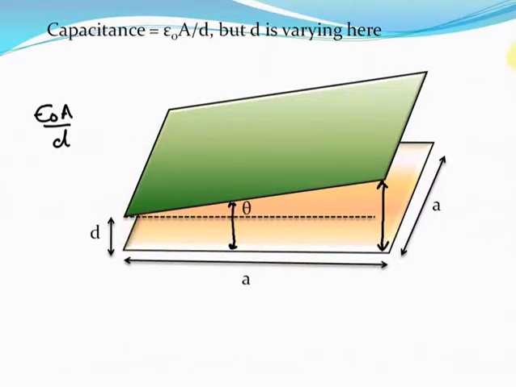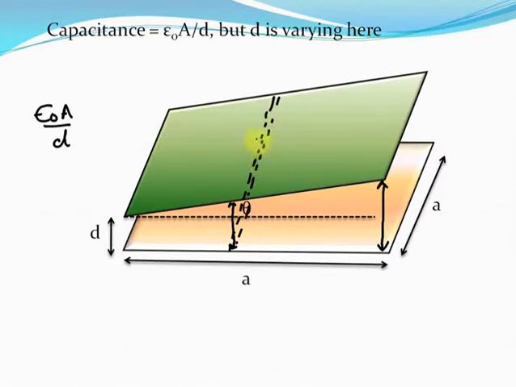What we will have to do is, we will have to consider any particular element on both these plates. Like we'll consider an element here on this plate, and we'll consider an element here on this plate, and then we'll have to calculate the capacitance of the capacitor consisting of these two elemental strips.